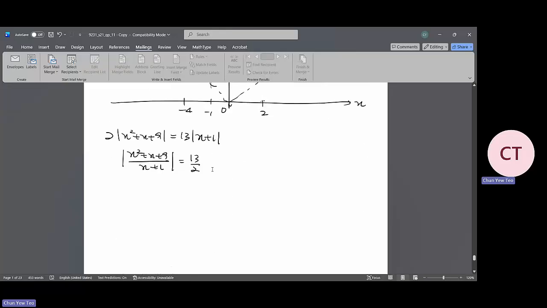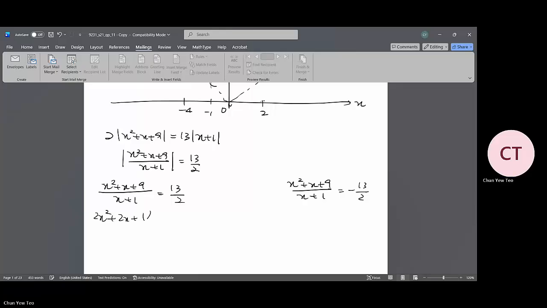And we need to find these 2 solutions by breaking the modulus, become no modulus. That means you will have one is a positive 13 over 2. Another one, it will be negative 13 over 2. So for the positive 13 over 2, you get this 13x plus 13.